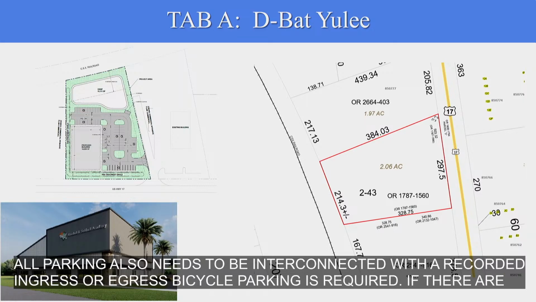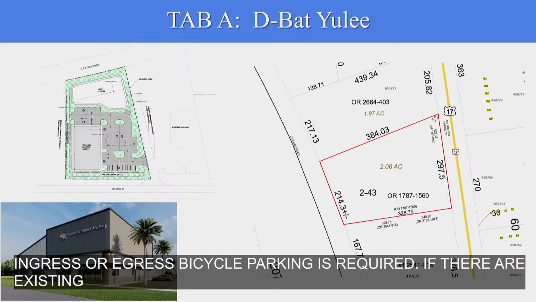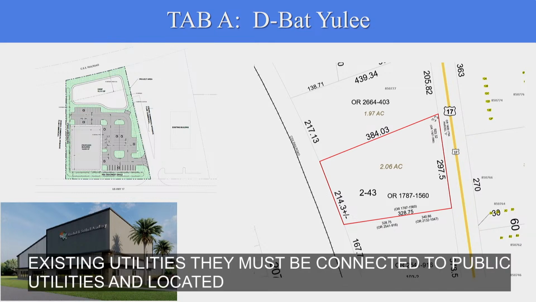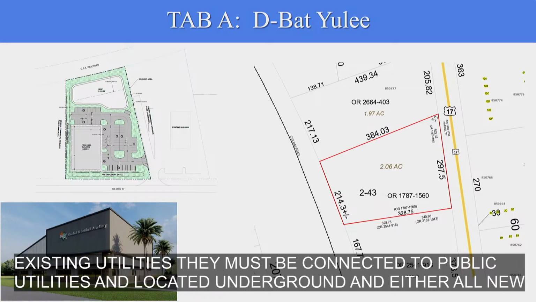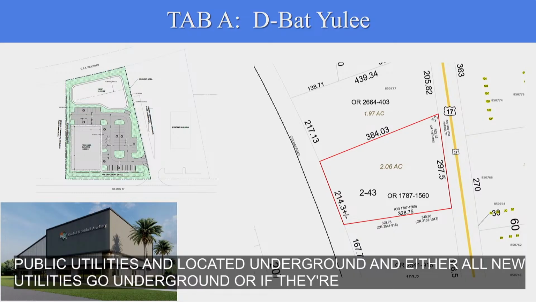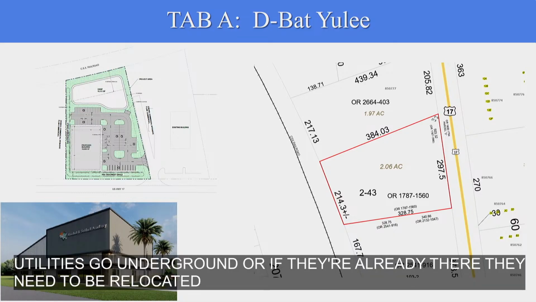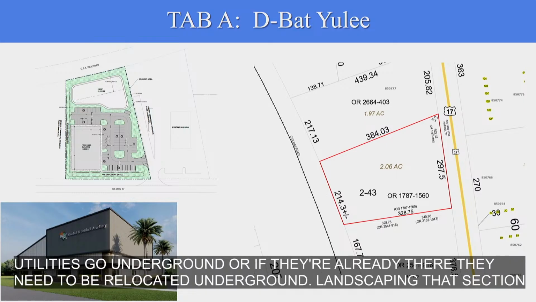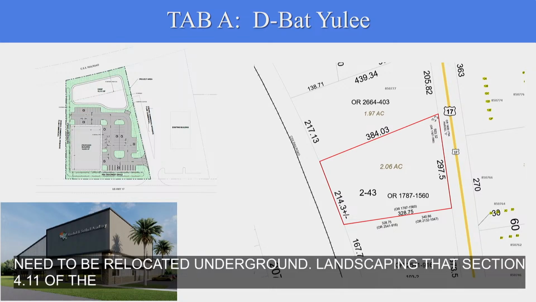If there are existing utilities, they must be connected to public utilities and located underground. Either all new utilities go underground, or if they're already there, they need to be relocated underground. Landscaping is section 4.11 of the blueprint.